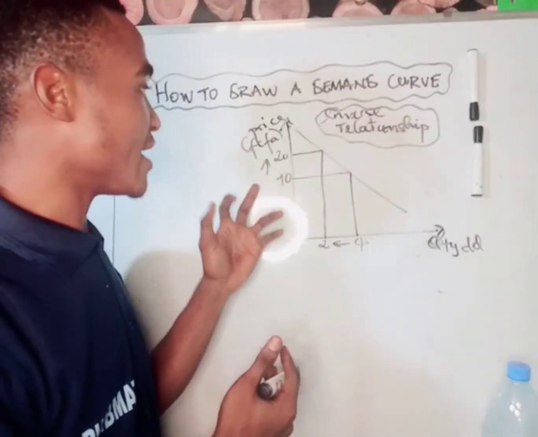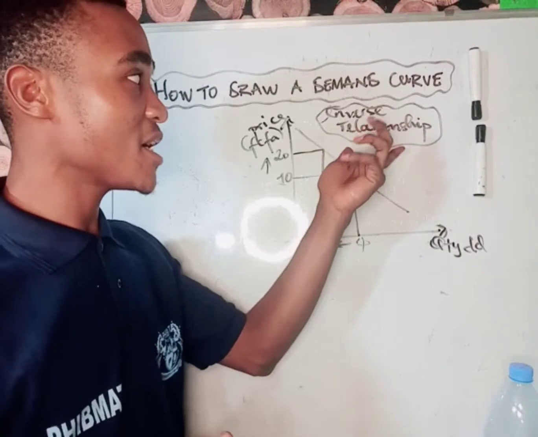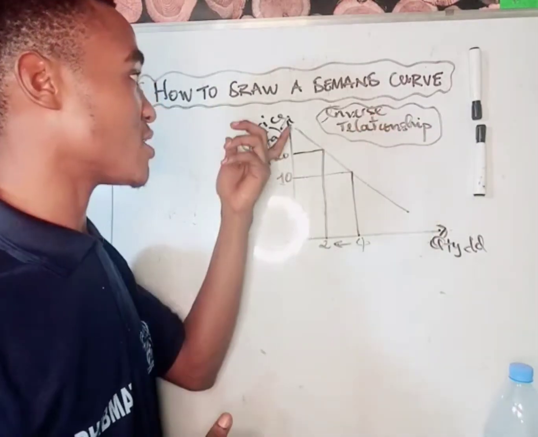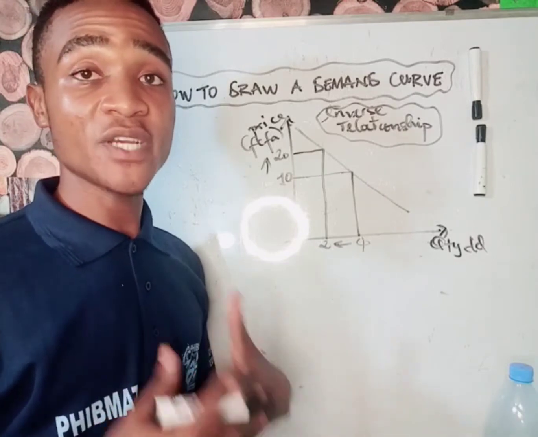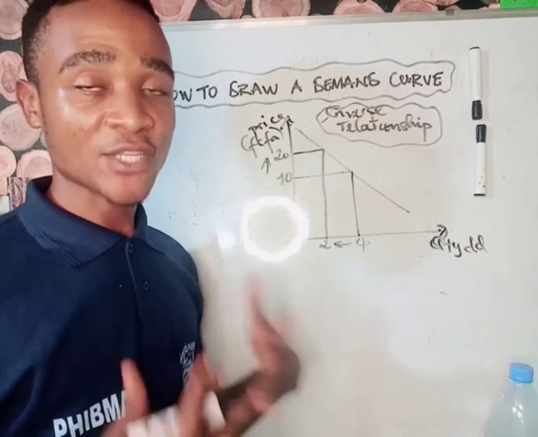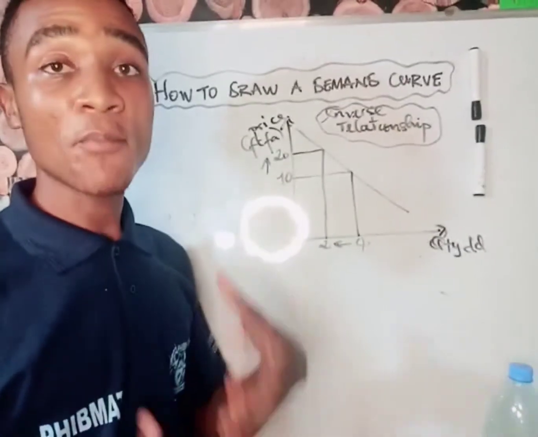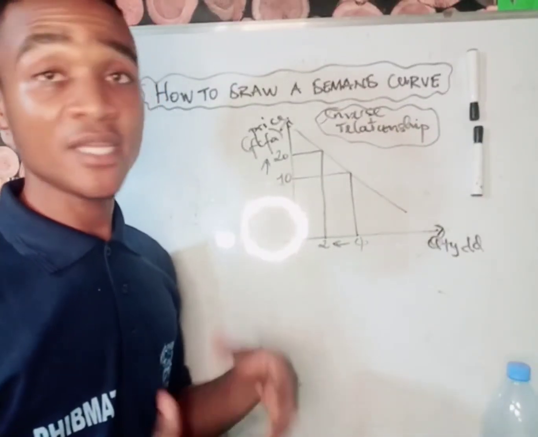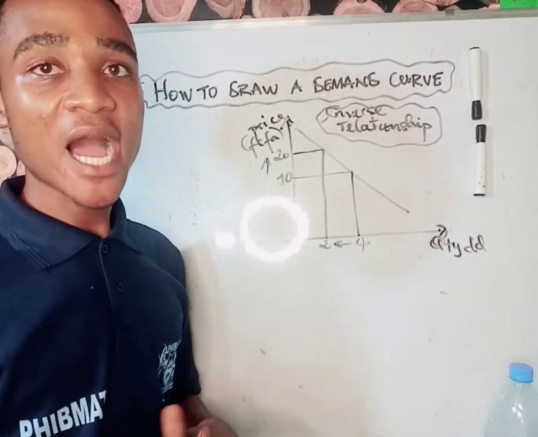It shows that an increase in price will lead to less being demanded, explained by the inverse relationship that exists between price and quantity demanded, which is gotten from the first law of demand and supply.